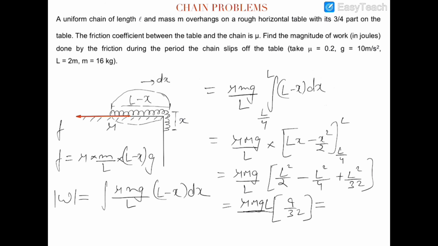Now this will be equal to mu is 0.2, m is 16, g is 10, L is 2, and this is 9 by 32. So the answer will be equal to 18 joules, the magnitude of work done by the friction.